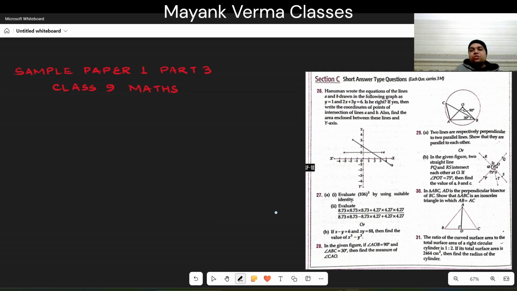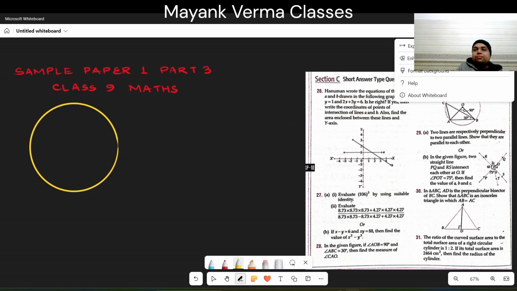In the next question, it is saying that in the given figure, AOB is 90 degrees and ABC is 30 degrees. Find the measure of CAO. Okay, so first we will draw the diagram.